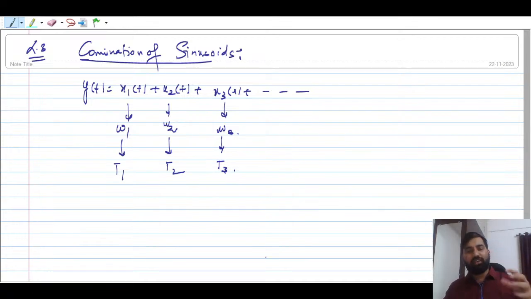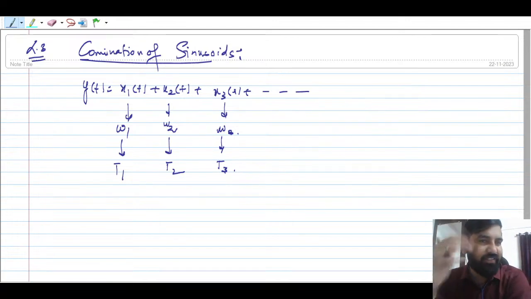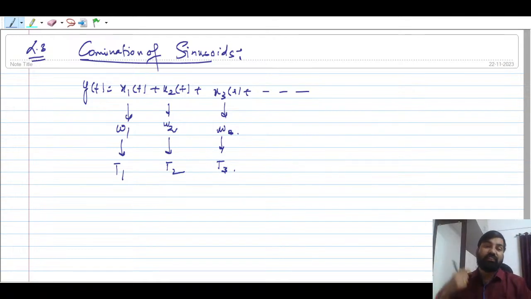So in case of continuous time signal, if you have been given a continuous time sinusoidal signal, you can directly say that it will always be periodic, right? But suppose a combination is given, right? There are many sinusoids given, having different frequencies, having harmonics, and corresponding frequencies are given. You can find out the individual time periods.